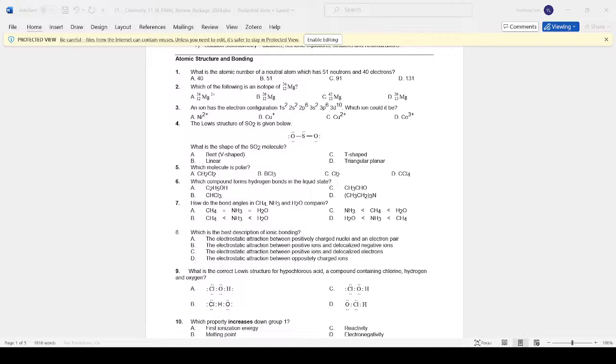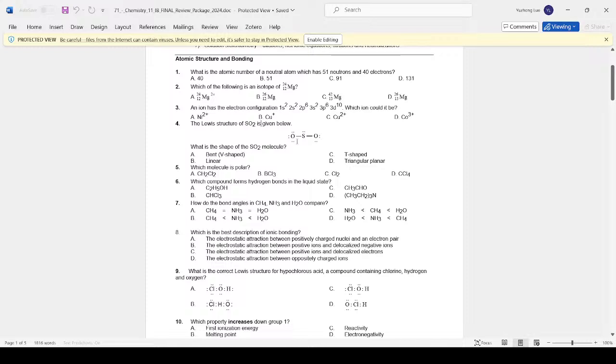Oh, so an isotope is when it has an extra neutron, but an ion is when it has gained or lost electrons. Okay. So which one is a magnesium isotope? It's B. So which ion could it be? Okay.